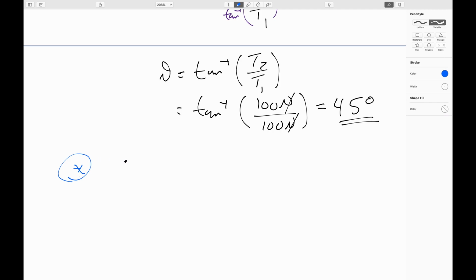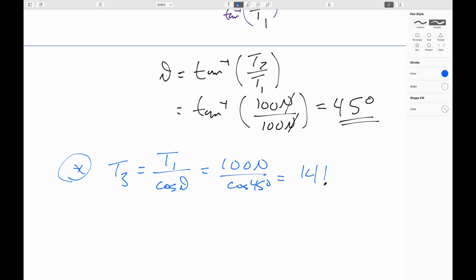So just copying it down over here, we have T3 equals T1 over the cosine of theta equals 100 newtons over the cosine of 45 degrees, which is 141 newtons, which is more than 100, so that makes sense.